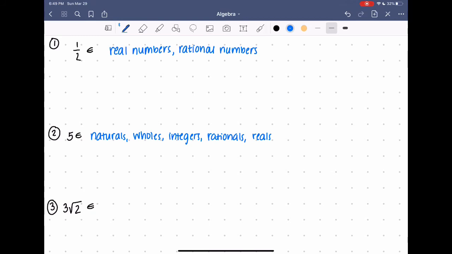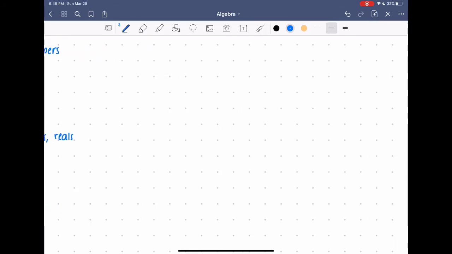Lastly, 3√2. What subset of real numbers would that belong to? Right off the bat, real numbers, because everything belongs to real numbers. And it would also be an irrational, because we can't really show that as a number. Let's try some other problems that go along with this.